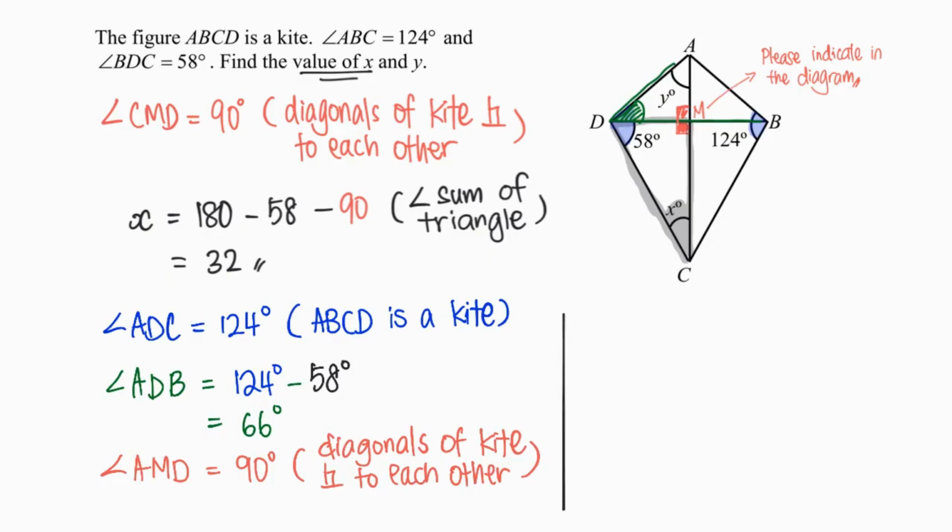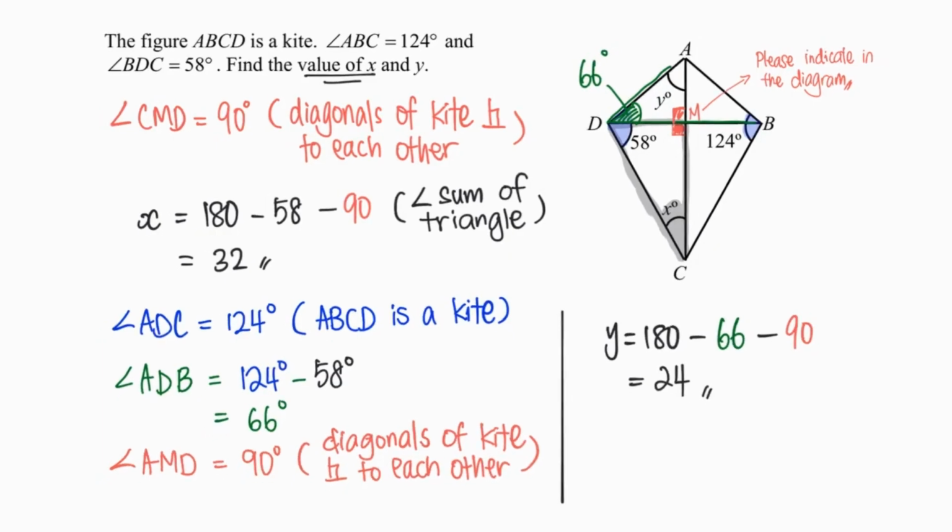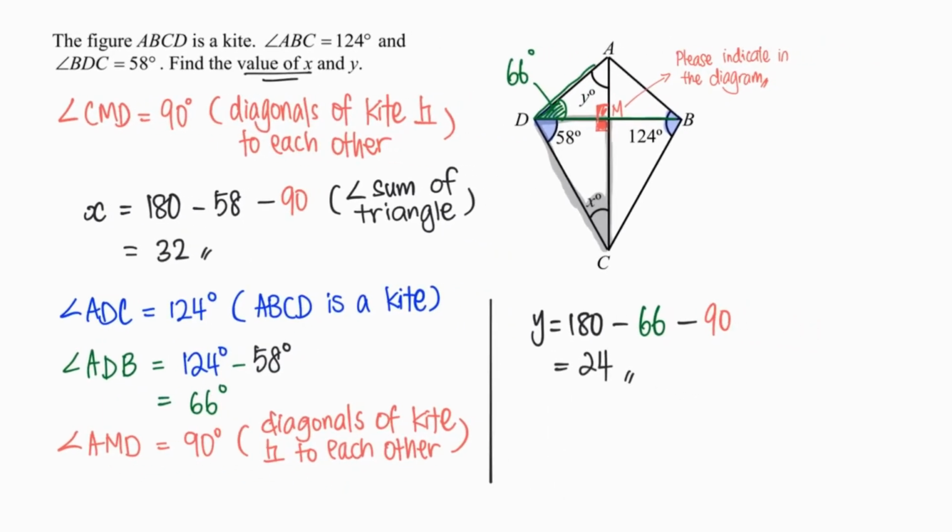So my y will be equal to 180 minus away my 66, minus away my 90, to give me the final answer 24. And this is angle sum of triangle.